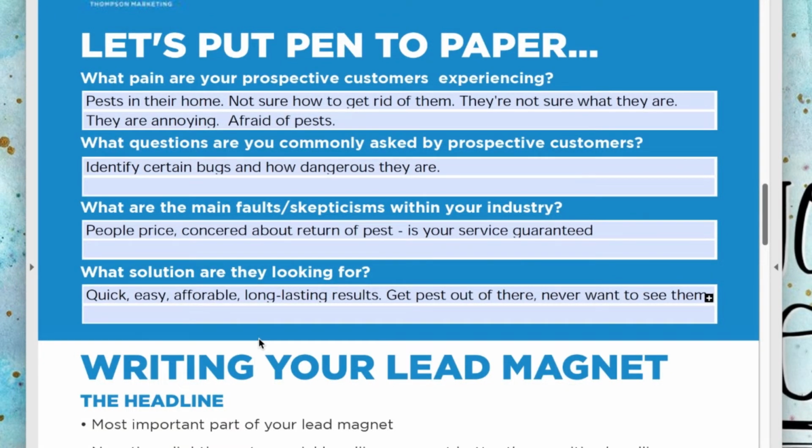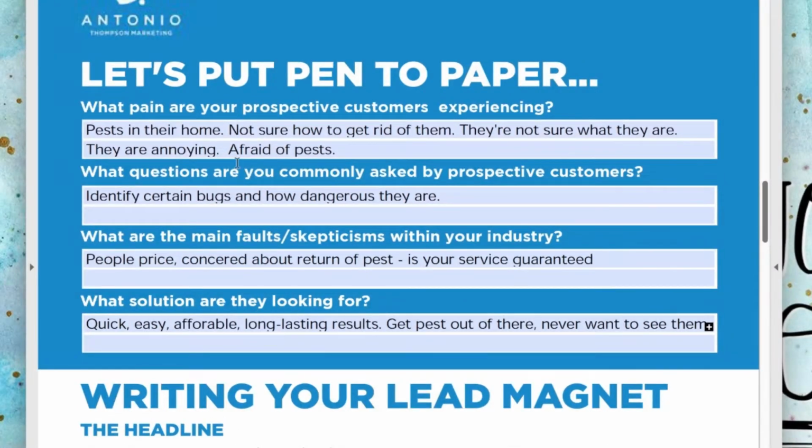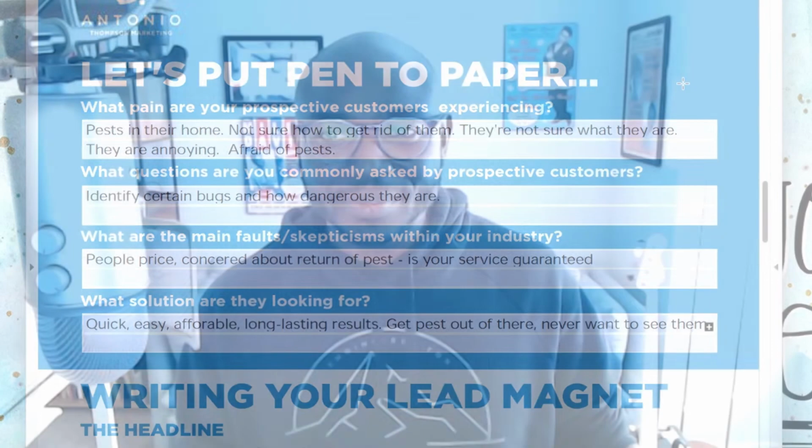Now, if I was in the pest industry, I could create a lead magnet around identifying common household pests and how to deal with them. So I would maybe put together a one-page document. Maybe it's a chart.